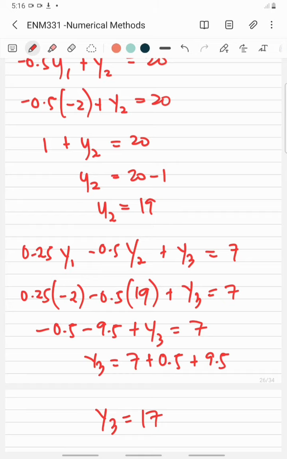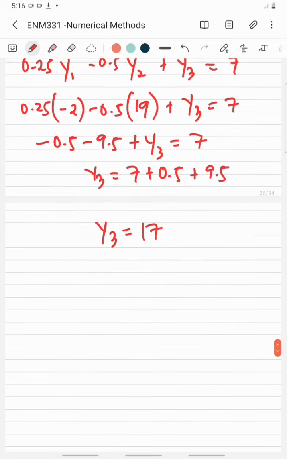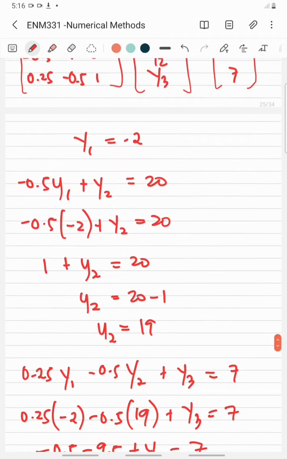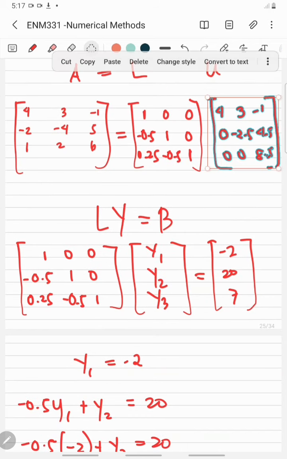Then after getting the values of y, we will now solve the value of x from this equation, Ux is equal to y. So here is our upper triangular matrix. We have to copy this one.